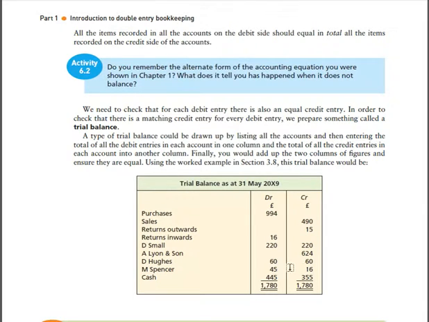But this is not the appropriate method of making a trial balance, because for each person we could have multiple, three, four, even five balances, and it would not be very efficient, and it could get very confusing. For D Hughes, there is a debit of 60 and then a credit of 60.